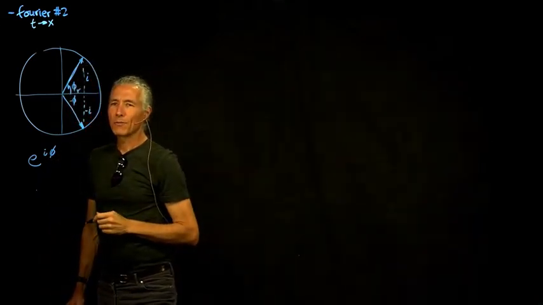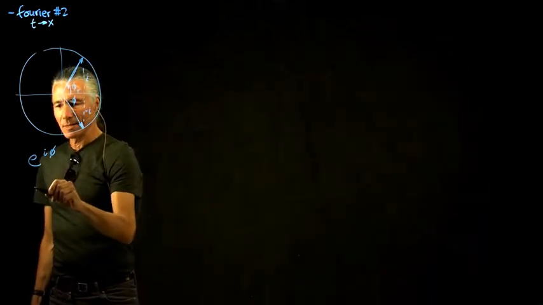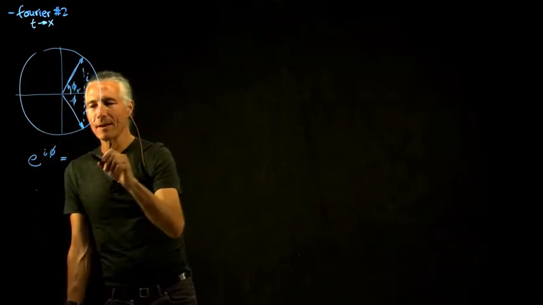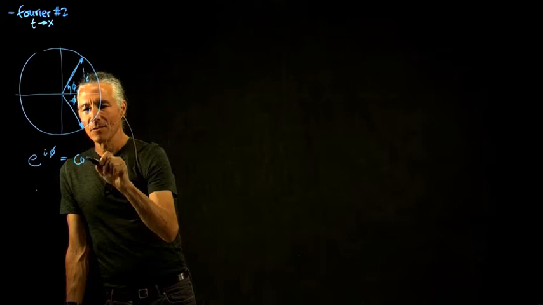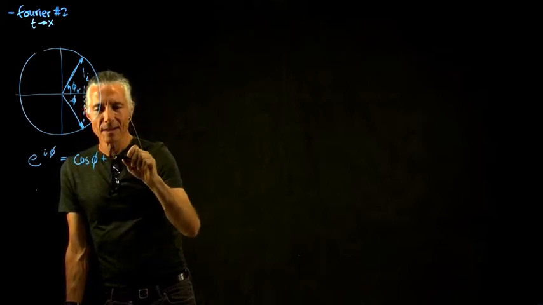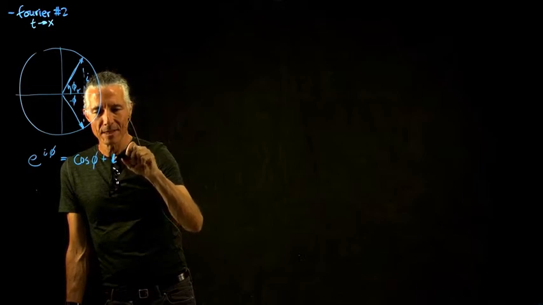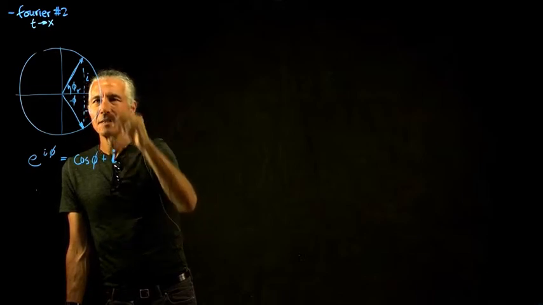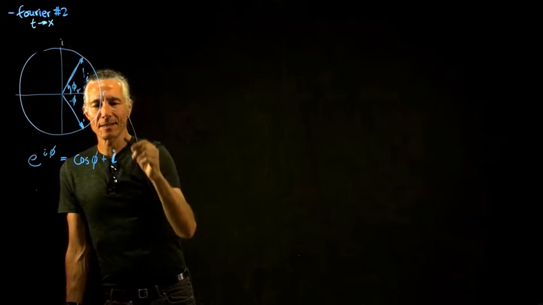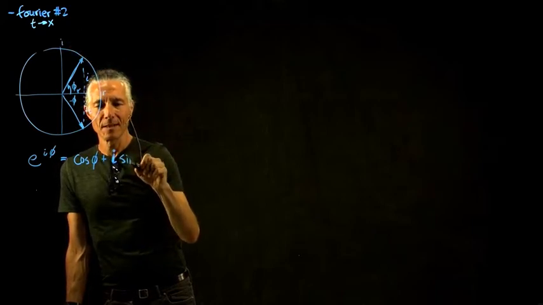So when you take the negative of this, what's another way of writing this out? Another way of writing this out is the cosine of the angle plus this imaginary unit i, which moves in the imaginary axis instead of the real axis, times the sine.